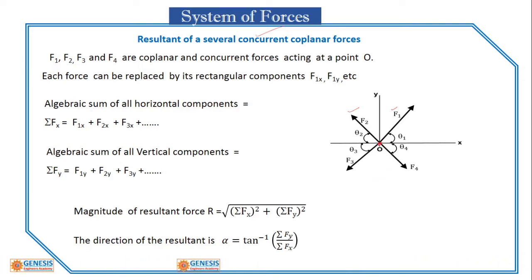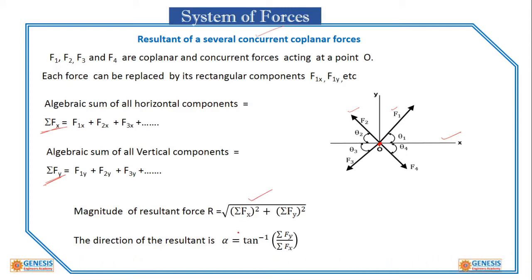So it is our duty to find the sum of the horizontal components on the x-axis, that is represented by sigma Fx, and the sum of the vertical components, represented by sigma Fy. To find the magnitude of the resultant, we use this formula, that is root of sigma Fx whole square plus sigma Fy whole square, and this is used to find the direction.